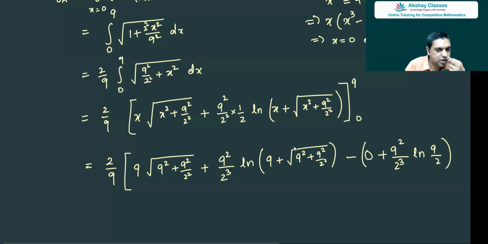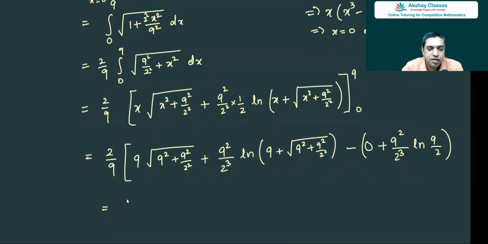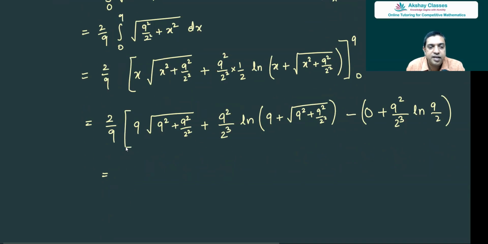So let's do it further. When we take 9 outside, okay, 2 by 9, I'll leave as it is. I take 9 outside, I get 9 square, because this 9 square I take outside the root, it will become 9. So 9 multiplied by 9 is 9 square. And this is 1 plus 1 upon 4.